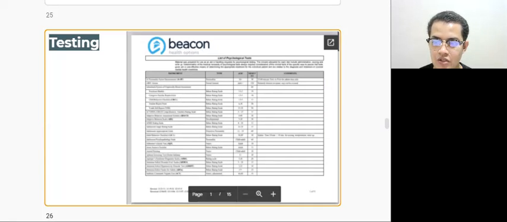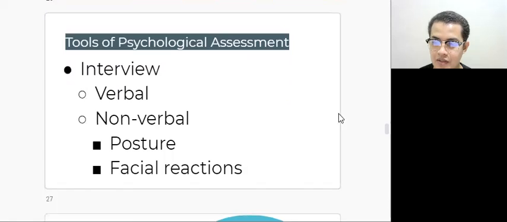Okay, so aside from the psychological test, a psychologist may also conduct an interview as part of the assessment. Now, compared with psychological testing, when we conduct an interview as part of the assessment, we may encounter some observations, be it verbal and non-verbal characteristics of the person involved during the interview.